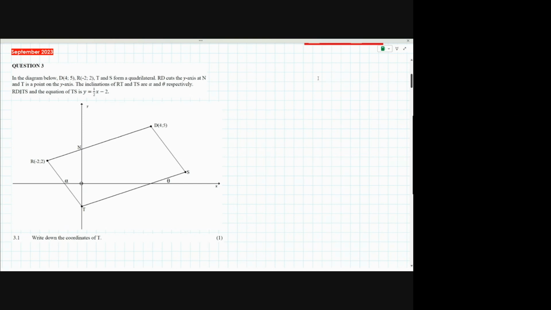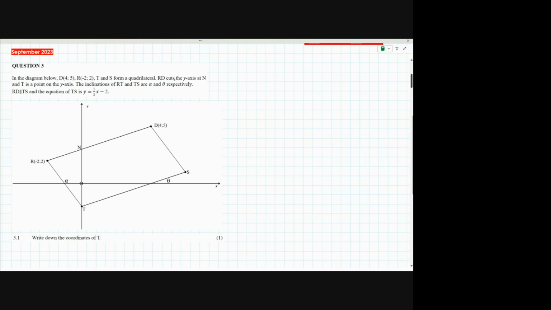Because often there's little hints and clues in there of what is potentially going to be helpful to us as we answer our questions. So it says in the diagram below, D(4; 5), R(-2; 2), T and S form a quadrilateral. So they haven't told us what quadrilateral, but we do know it's a quadrilateral.